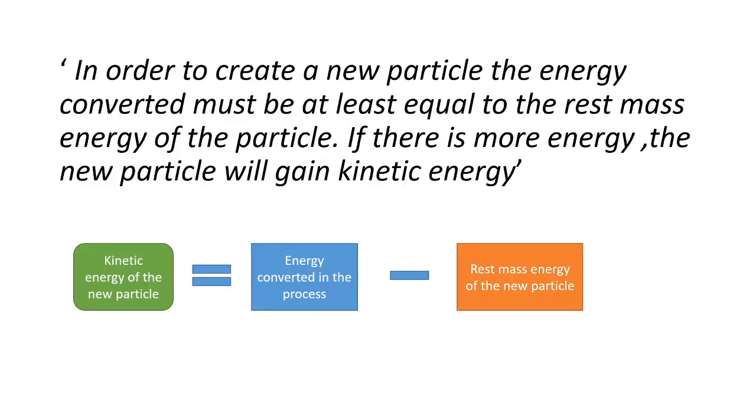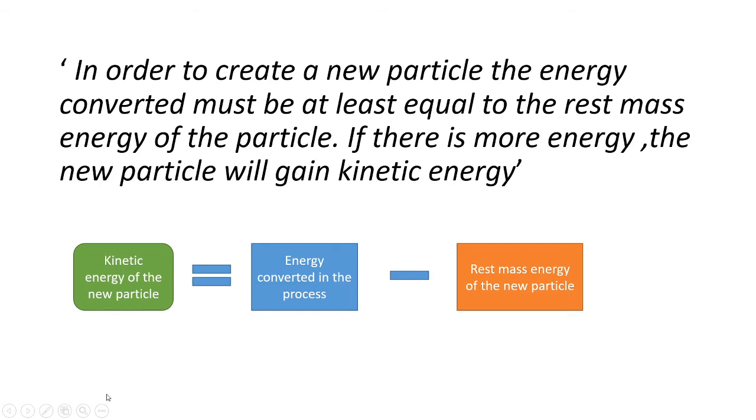Now, we consider the energy converted in the process and the rest mass energy of the new particle. If these are equal, the created particle will not have any kinetic energy. If there is a difference between the energy converted in the process and the rest mass energy of the new particle, that gives extra energy to the particle produced as its kinetic energy.